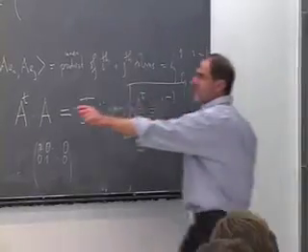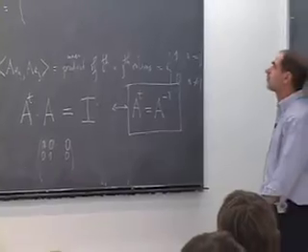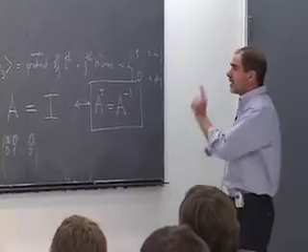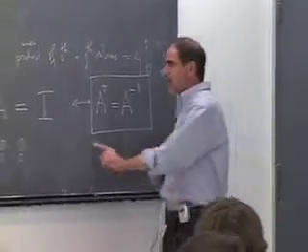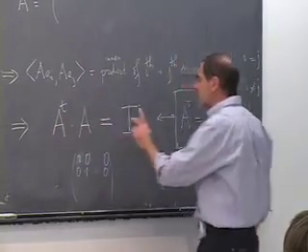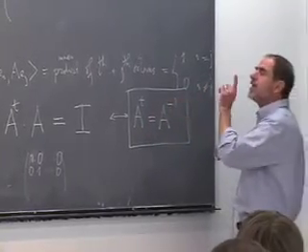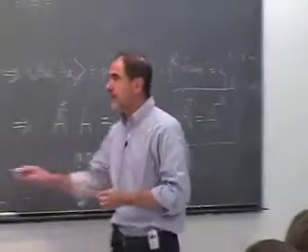So it's also true in the other direction. A times A transpose is the identity. Okay. Conversely, I claim that if we have a matrix such that the product of its transpose times the matrix is the identity, or the matrix transpose is its inverse, then it gives a transformation that preserves the inner product.